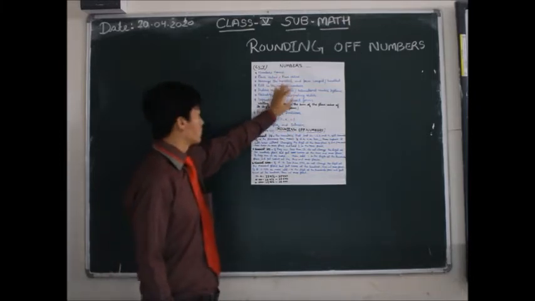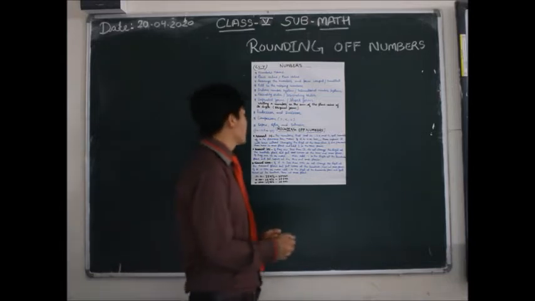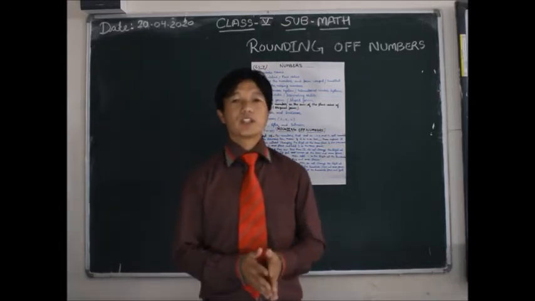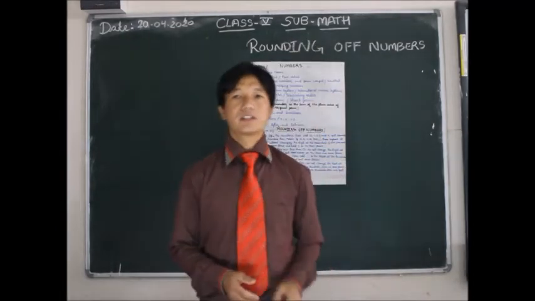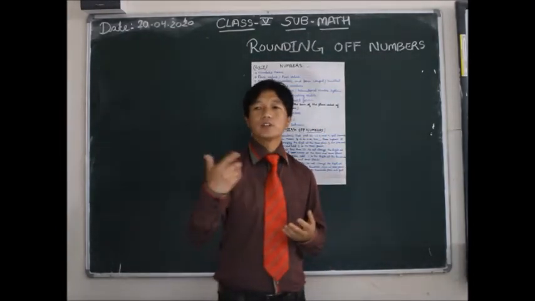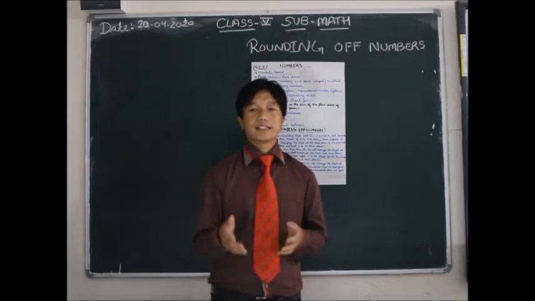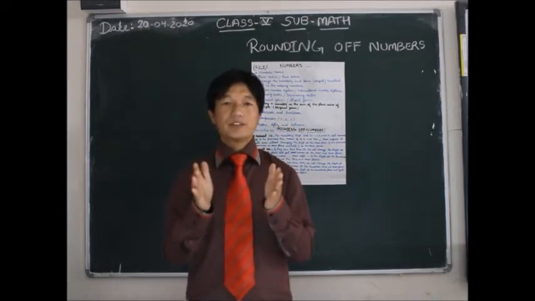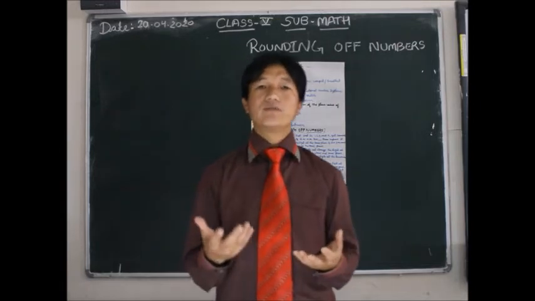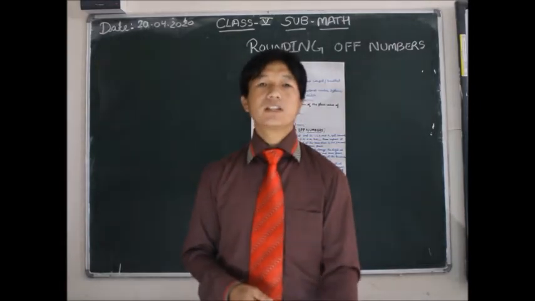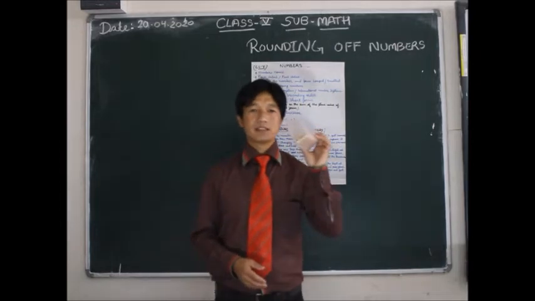So today, let's go to the main contents. Today I'm going to teach you about rounding off of numbers. So what is rounding off? Rounding off means roughly we say in words, when we don't know the exact number, by estimation we guess the number. Suppose, for example, I brought these pieces.